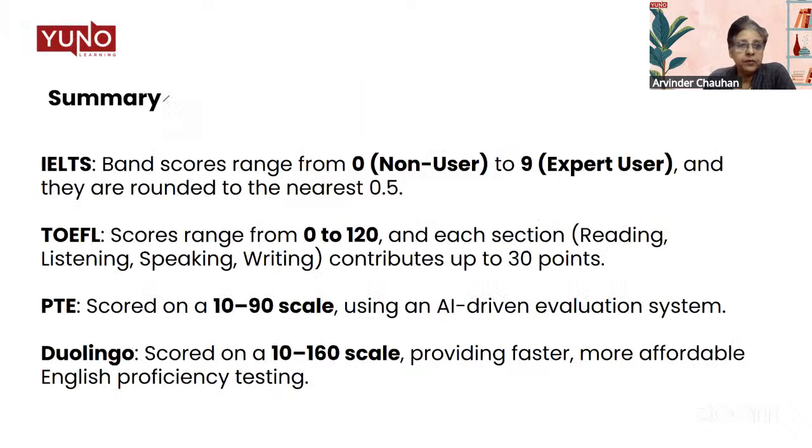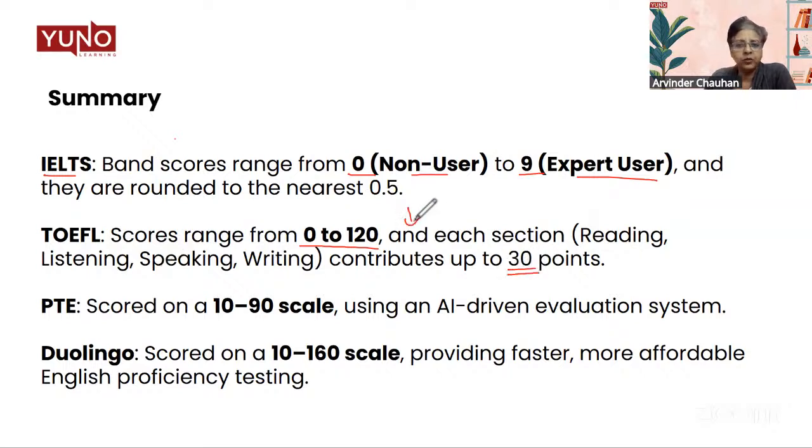Okay, so let's summarize it. The IELTS band scores range from 0, which is a non-user, to band 9, which is an expert user, right? TOEFL scores range from 0 to 120, and each section, reading, listening, speaking, writing, contributes up to 30 points.